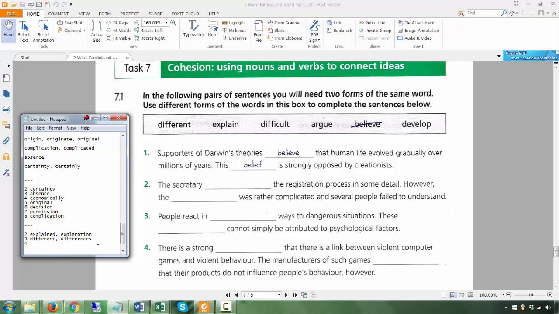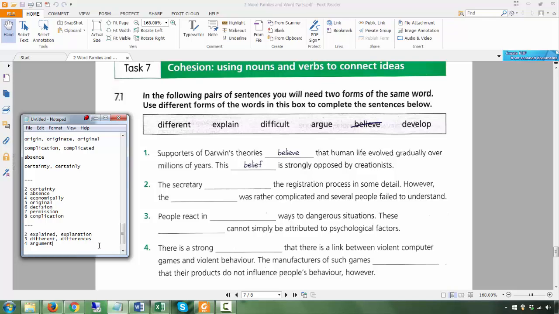There's a strong argument. There is a, is you have a noun after that. This is an adjective, then this is a noun. So argument is a noun. Remember, you don't have an e here.